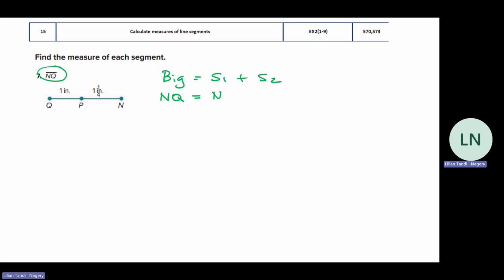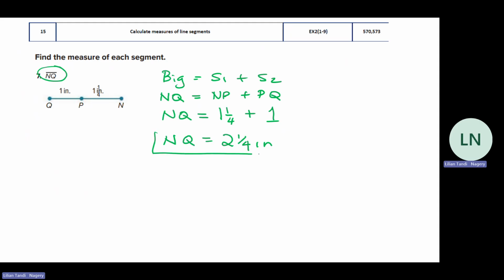So then it will be N to P plus P to Q. N to P is 1 1/4 plus 1. So this gives me 2 1/4 inch. So this is NQ, okay? Or you can write your answer in decimal, but because the question gave you in fraction, your answer should be in fraction. You can change it to decimal if your choices are also in decimal, okay?